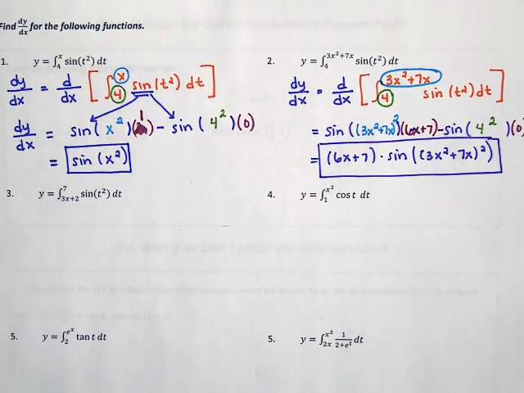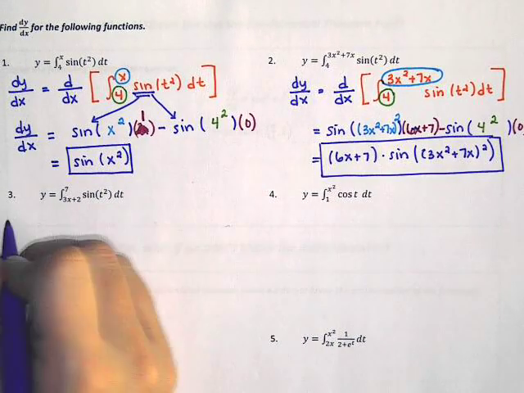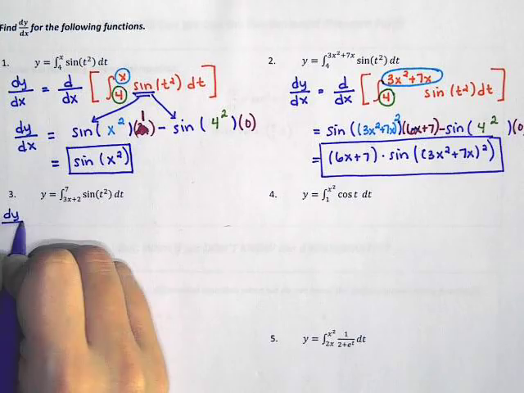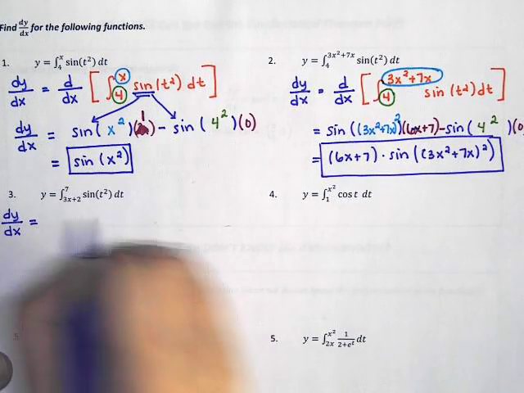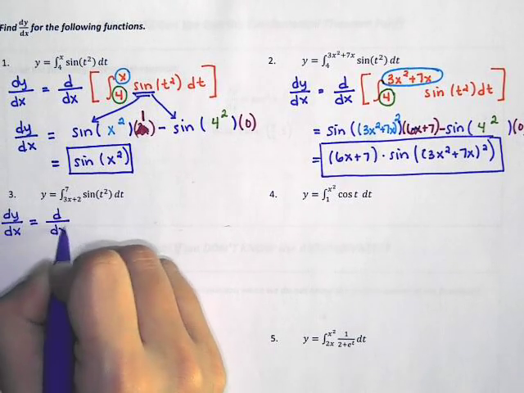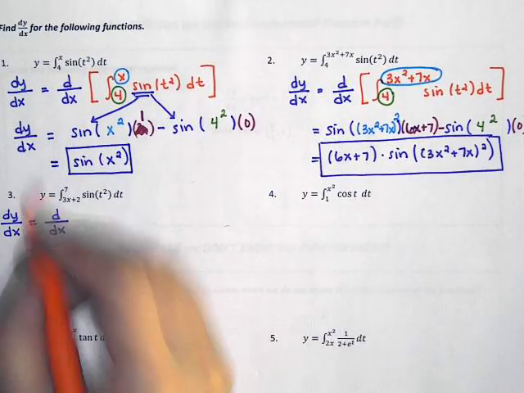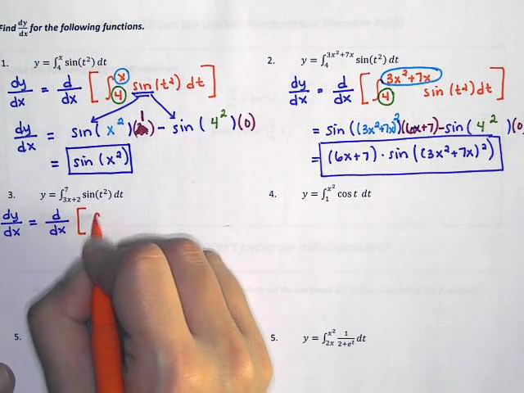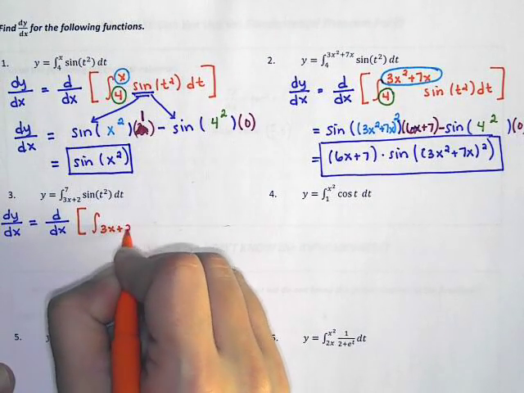Now let's look at another example. So in the next example, we're trying to do the derivative again. Now the derivative of y would require me to do the derivative of this function that y is equal to. I have to take the derivative of this integral.